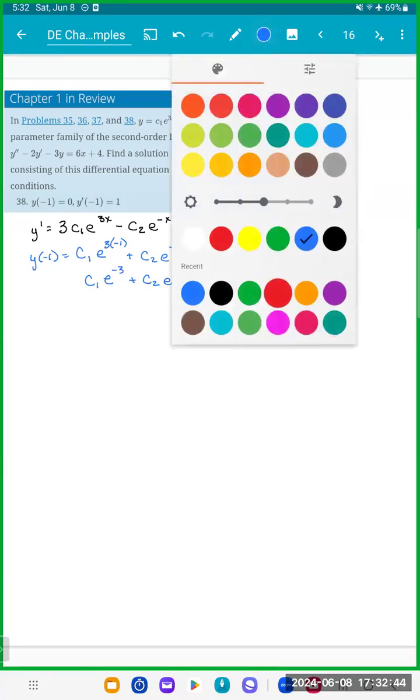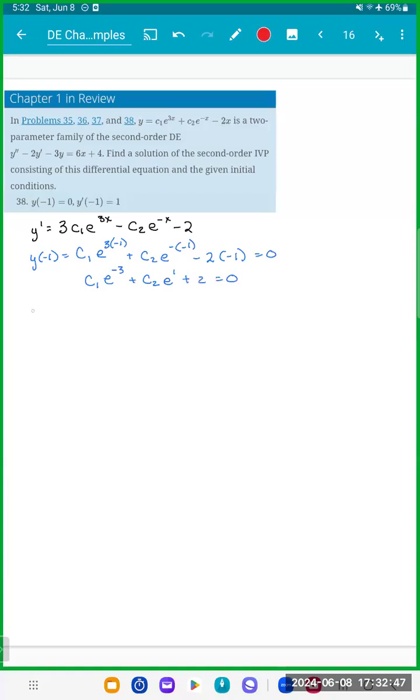Let's do the same for our derivative. So we have y prime of -1 equals 1. Let's plug that into our derivative equation here.